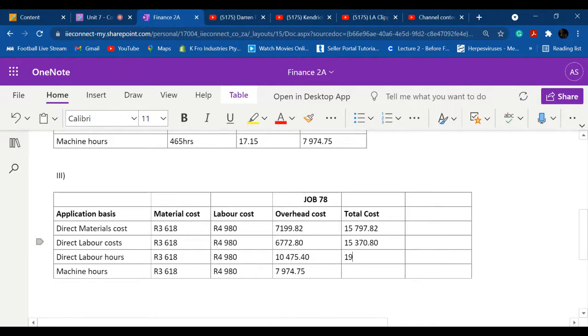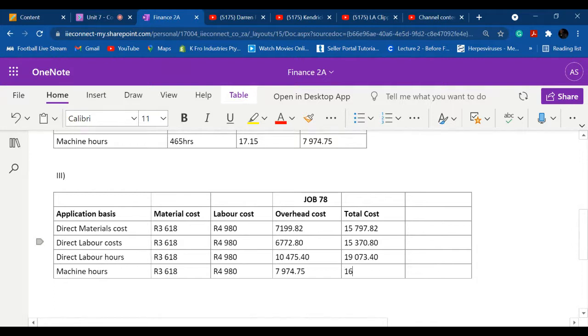Okay, I'm getting 9,073.40. Here, right, 7,974.75.